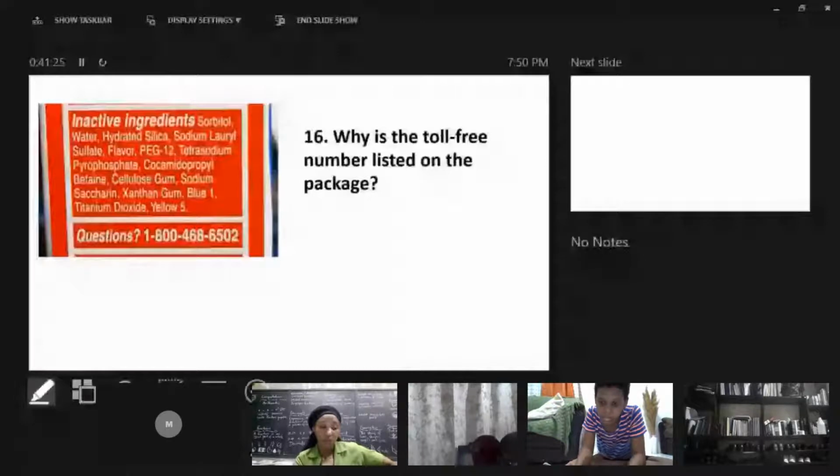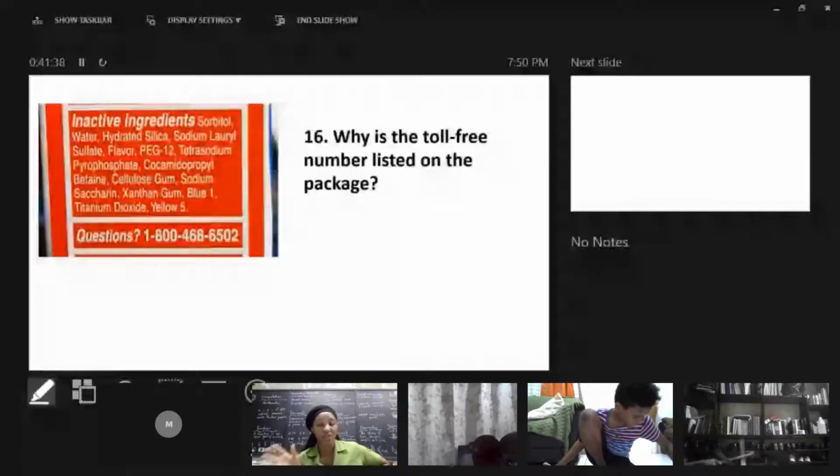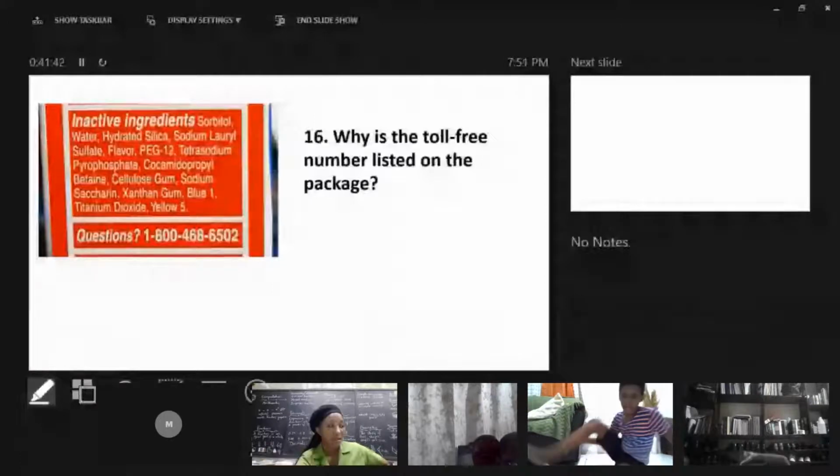Or if you want to say, I use the product and I'm not pleased, or I'm not sure about something, or I'd like you to elaborate on anything, any query, you can call that toll-free number. There's no charge to you once you call that number and have your questions answered. So that is what that toll-free number is there for.